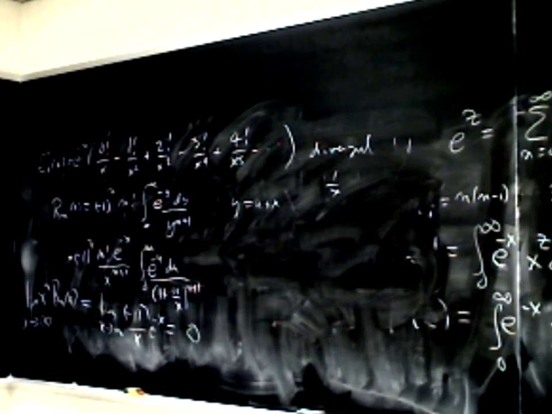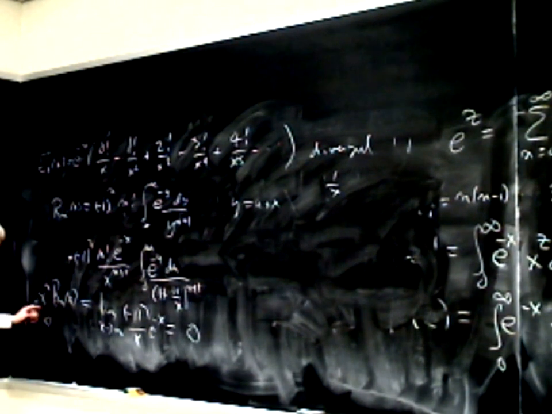So an asymptotic series is typically a series that doesn't converge, but that gives very, very good approximations, in the sense that the error times x to the n as x goes to infinity is 0.